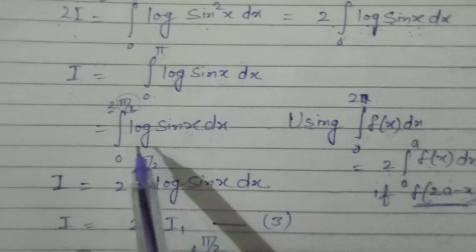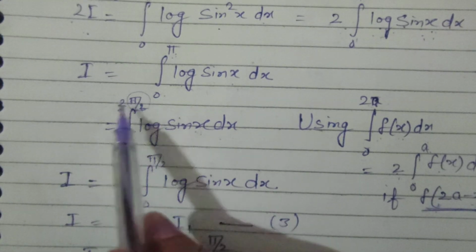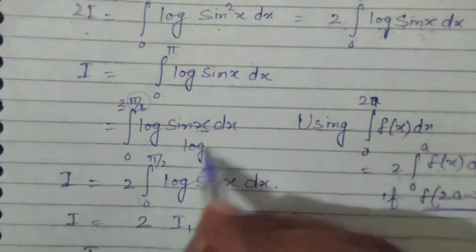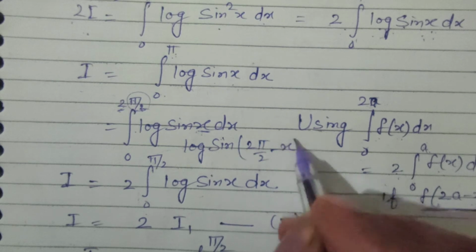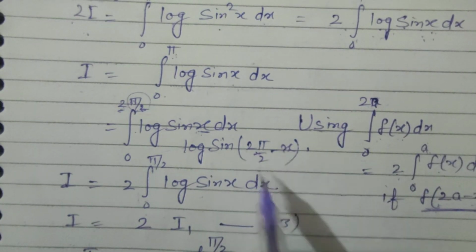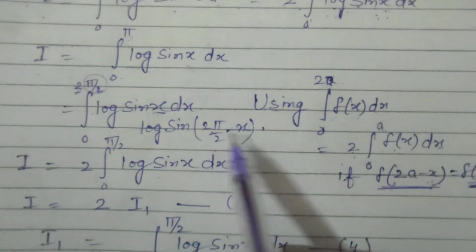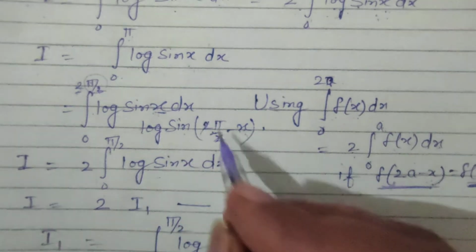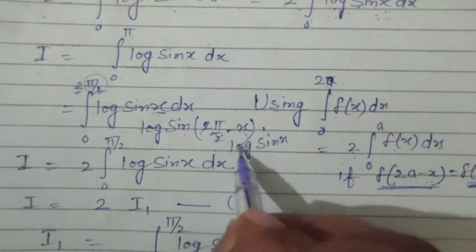So how will we do this? Limit is 0 to pi by 2, 0 to 2 pi by 2. In place of x, we write log of sin of 2 pi by 2 minus x, because f of 2a minus x, 2a minus x means 2 pi by 2 minus x. So it is sin of pi minus x, and log sin of pi minus x is log sin x, because in the second quadrant sin is positive.